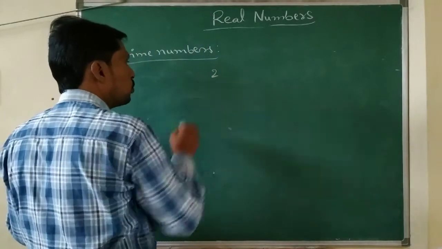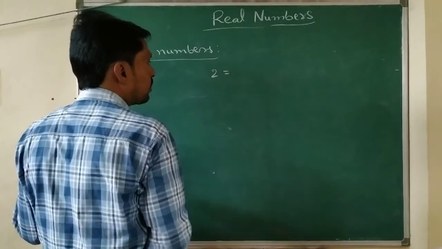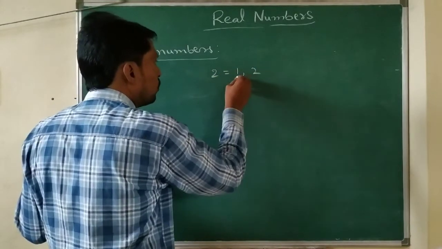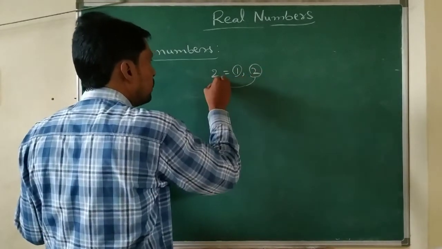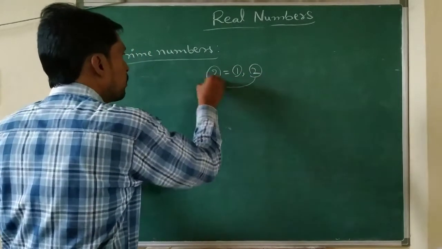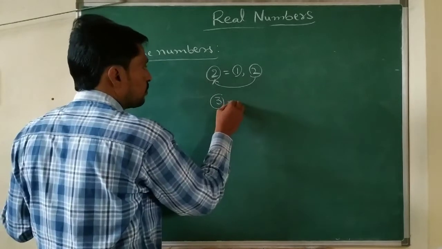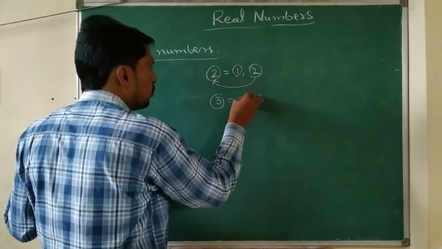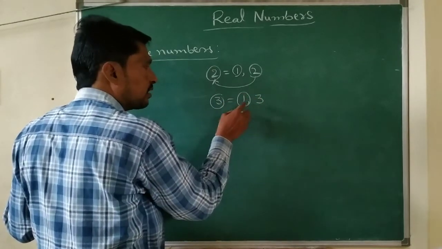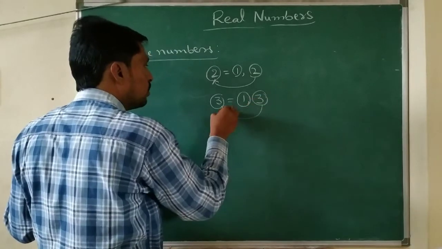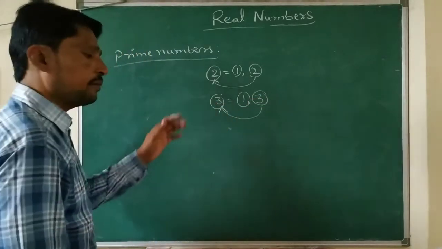For example, take 2. What are the factors of 2? 1 and 2. 1 and that number itself only, so 2 is a prime number. Check 3. What are the factors of 3? 1 and 3. 1 is a factor and the number itself, so 3 is a prime number.